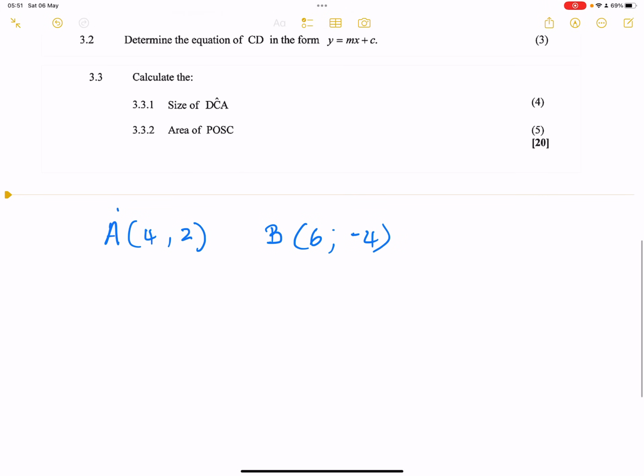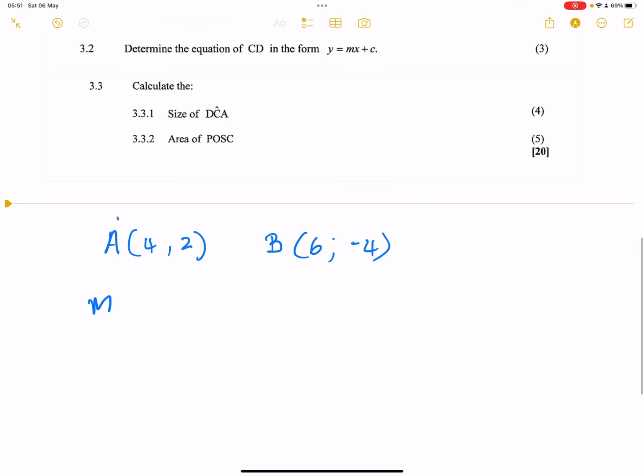So we're looking for the gradient of AB. That's very straightforward. We know that's going to be yB minus yA over xB minus xA. In this case, yB is negative 4 minus yA, which is minus a positive 2.